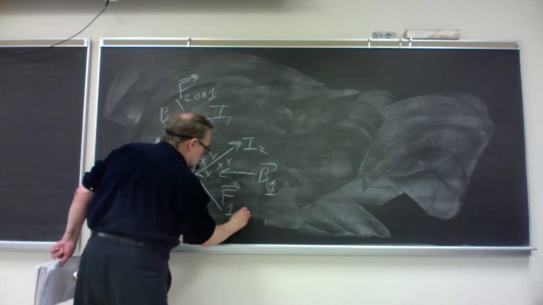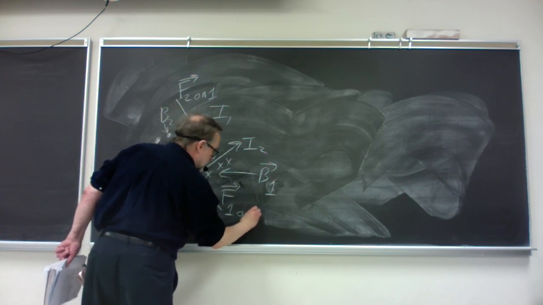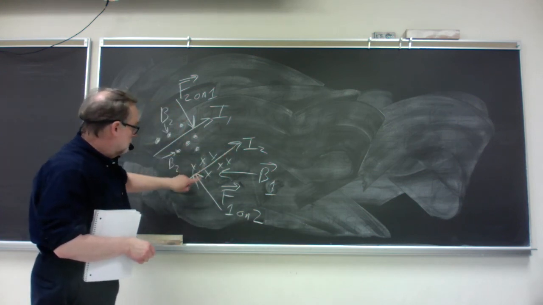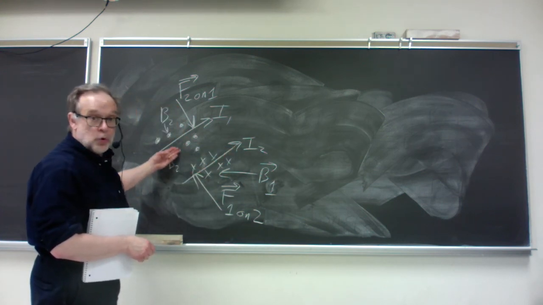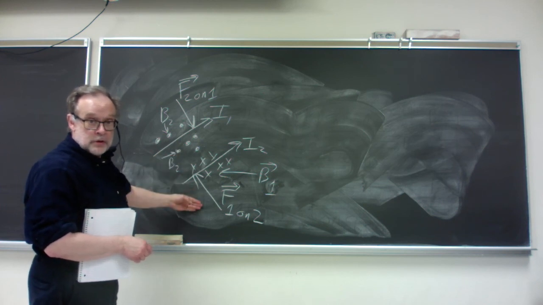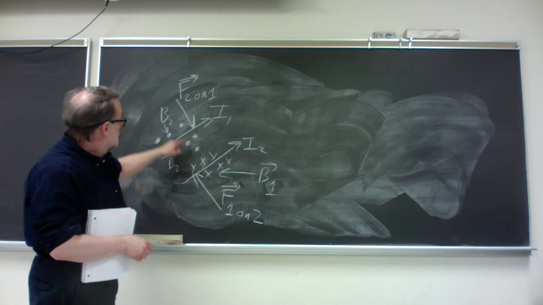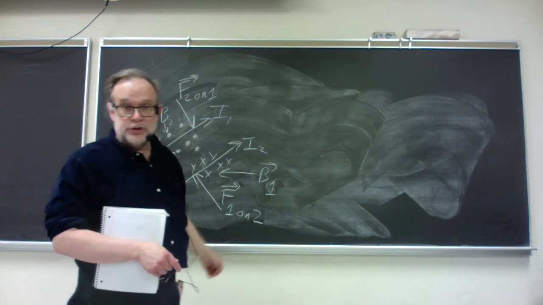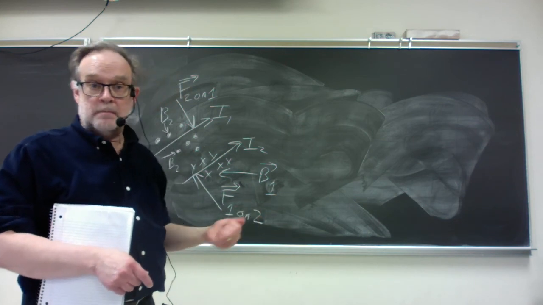The force from 1 on 2. Current 2 is pulled towards current 1. Right? The force from 1 on 2 is in the opposite direction from the force from 2 on 1, which is exactly what we should expect because they are a third law pair.